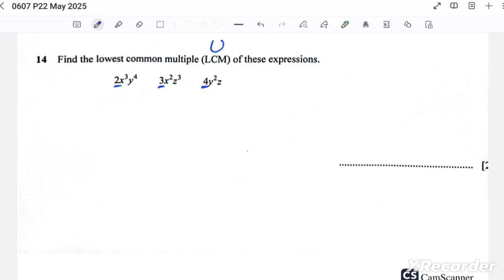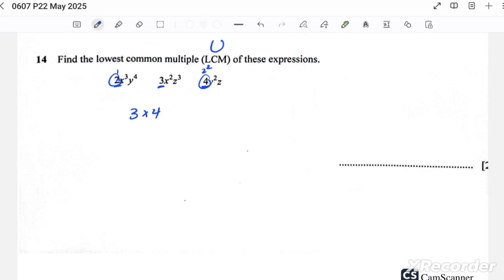When you have 3, you don't have any 3 there, so you take 3. And if you look at 4 and 2, you take the highest of them, which is 4, because 4 itself is 2 squared. If you have 2 squared and 2 to the power of 1, take 2 squared. Usually in the lowest common multiple, we take the number with the bigger index.